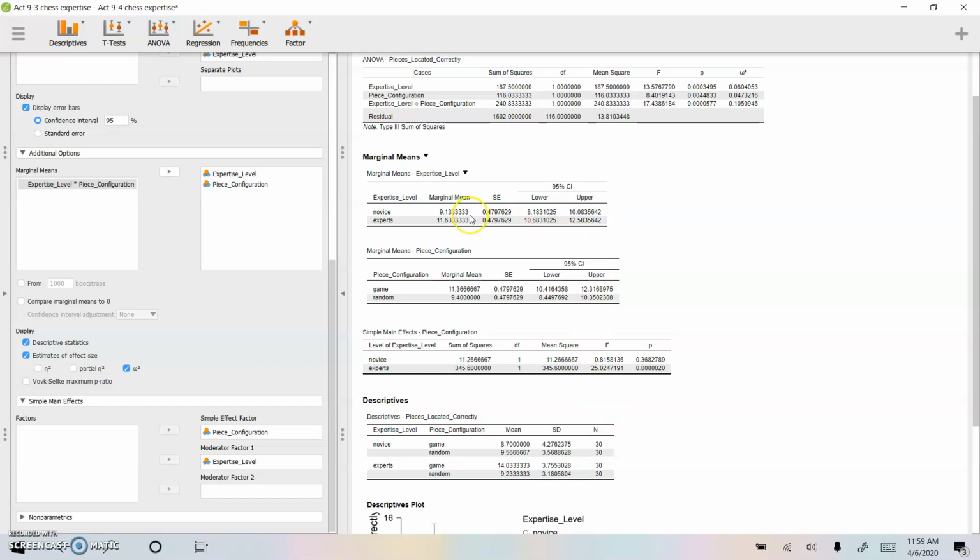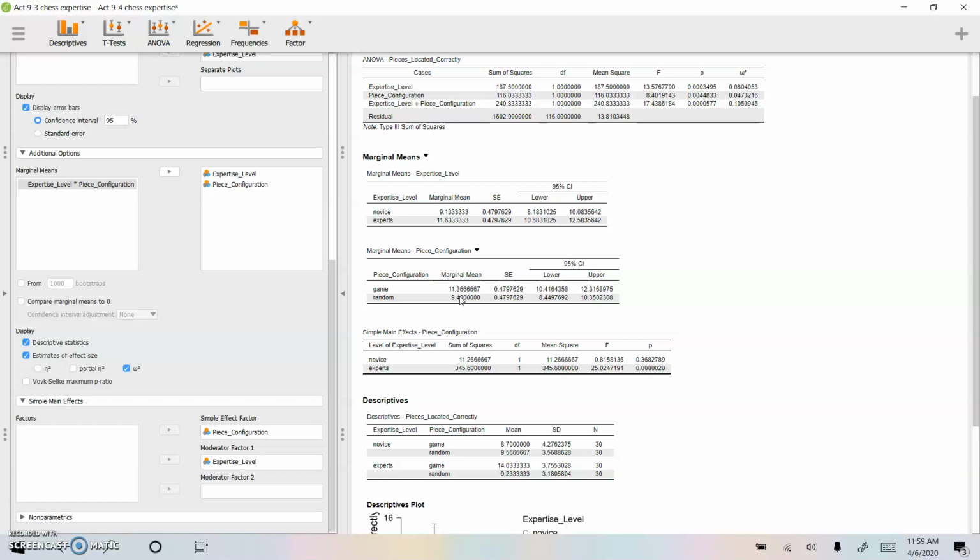That's unlikely to be due to sampling error. And that your other main effect is that overall people did better with the game configuration than the random, unlikely to be due to sampling error. But right, neither of those main effects really captures what's interesting about this study, right? What's interesting is that you get different effects for experts and novices, right? So the main effects become much less important once you have an interaction that helps explain your data.